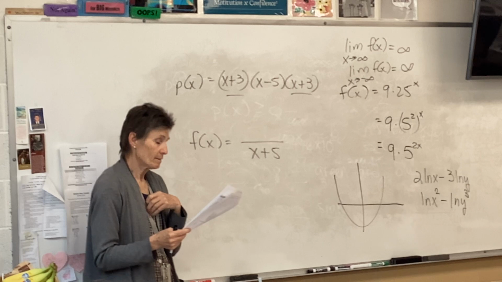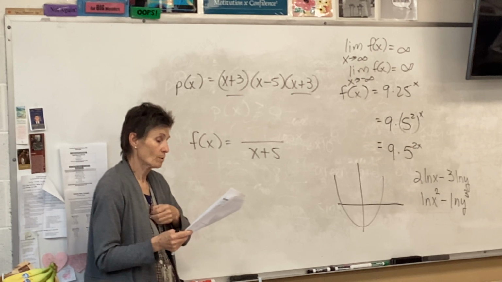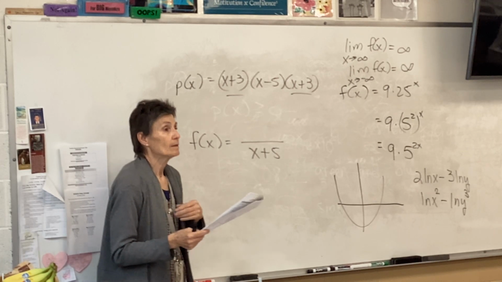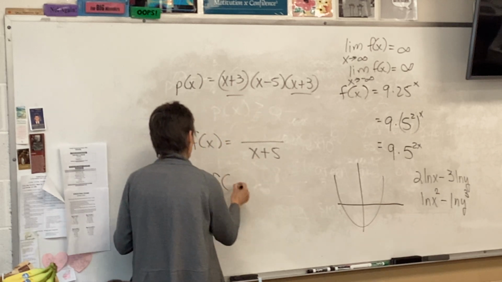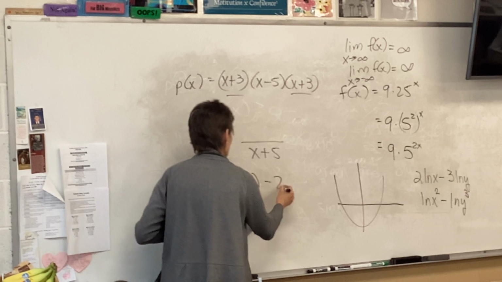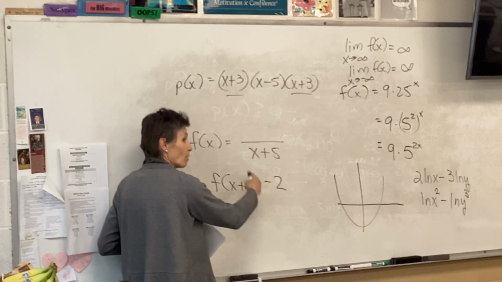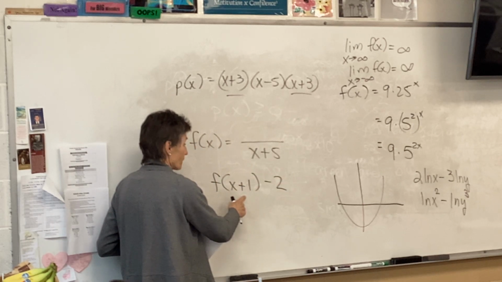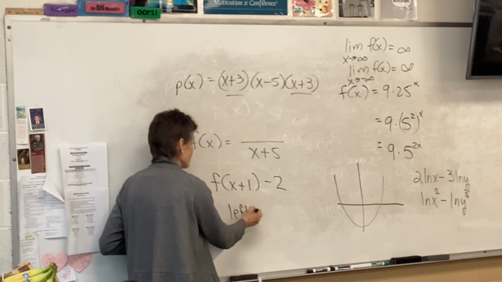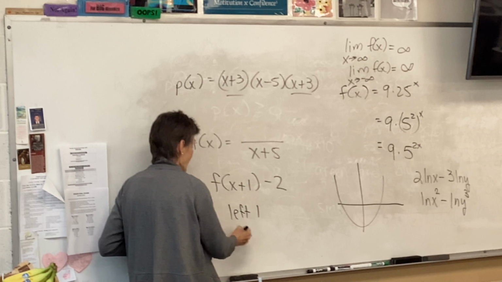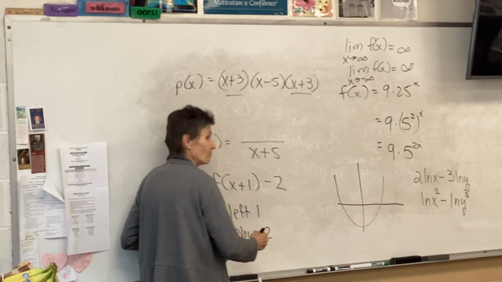All right, number 9. Which of the following is the transformed graph? All right? What has changed? When we do f of x plus 1 minus 2, how are we moving our picture? Left 1, down 2.